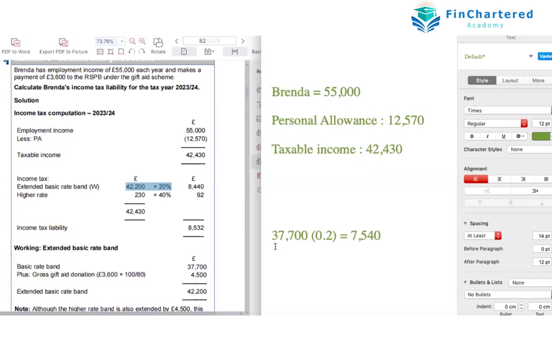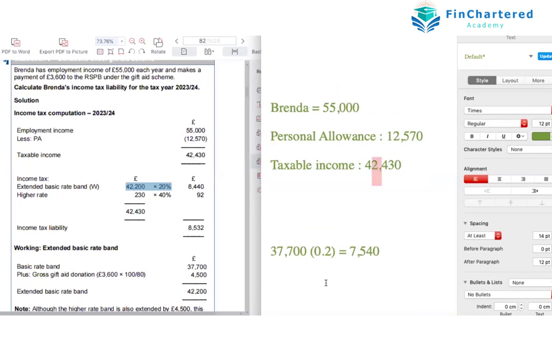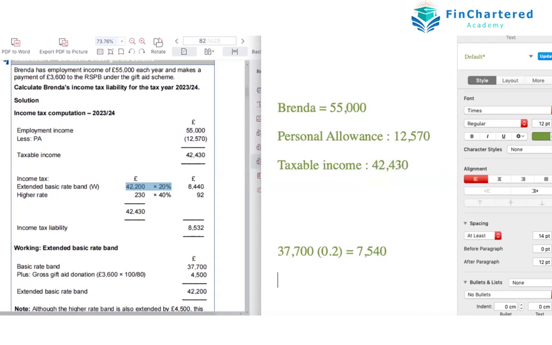But you see now, because of this donation, 42,200 is taxed at 20%. And how much is the excess, guys? I just want to go back to the calculation. 37,700, 42,400. How much is the excess? 4,000? Here? Is it 4,500? I don't think so. 37,700 from 42,400. I'm just trying to show you both the scenarios.